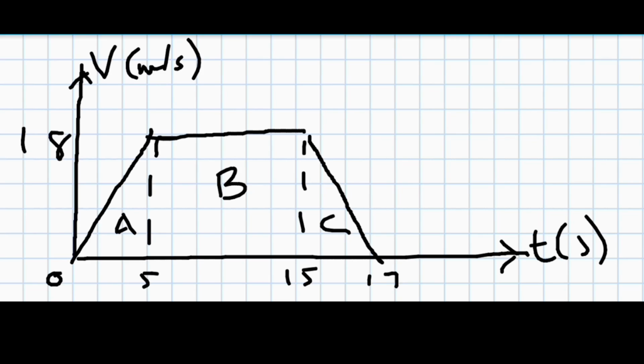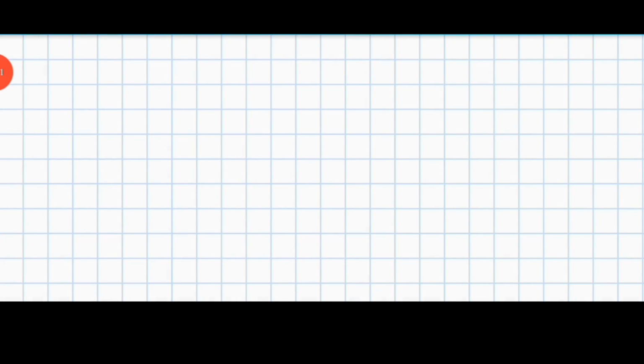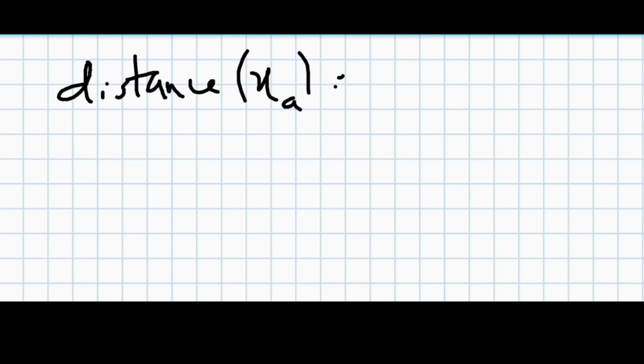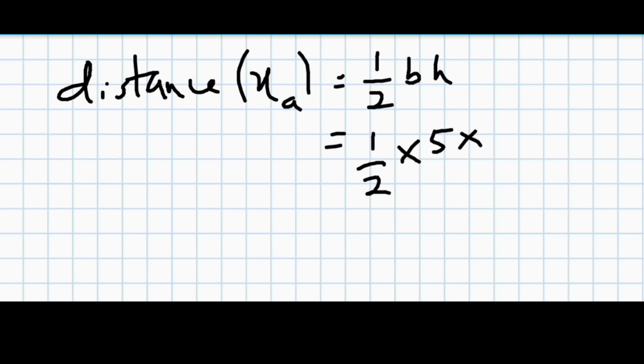And so the distance covered during acceleration will be the area of the right angle triangle A. So let's put it x sub A will be equal to half base times height, which will be half the time interval, which is the base, 5, times the height, which is the velocity attained, 18.